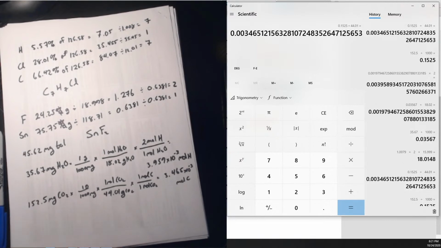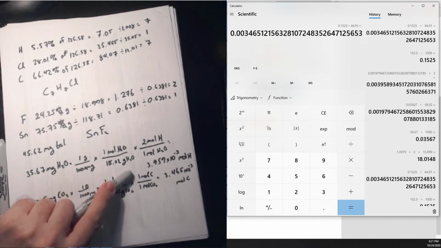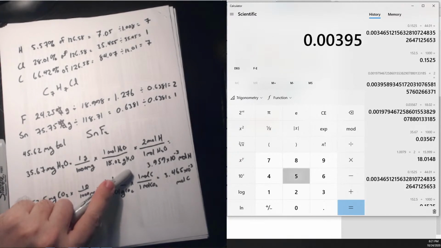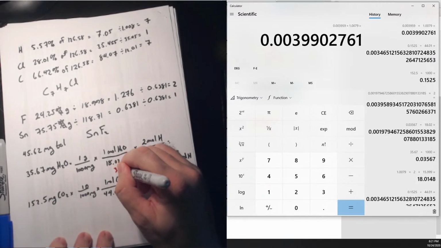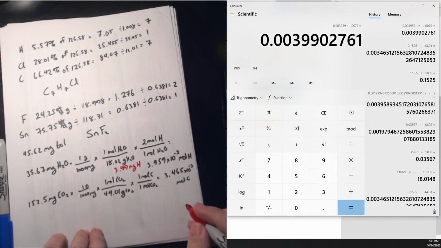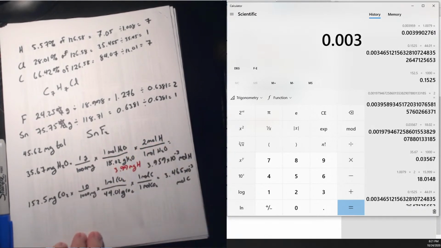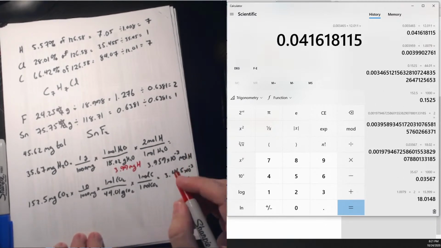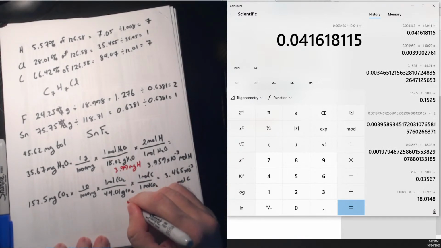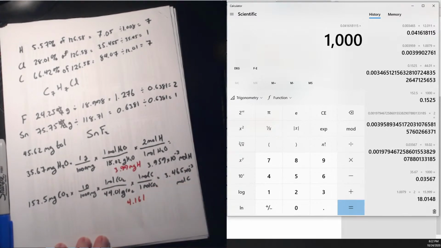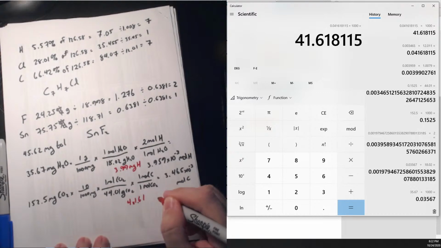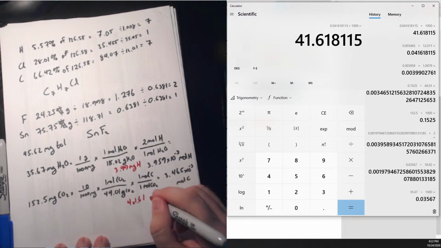How many grams of hydrogen is this? 0.003959 times 1.0079 is 3.99 milligrams of hydrogen. 0.003465 times 12.011 is 41.61 milligrams of carbon.